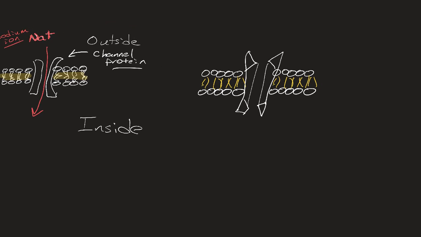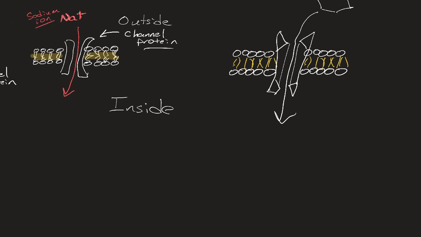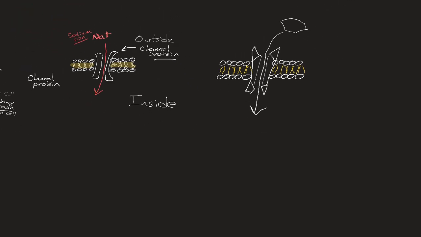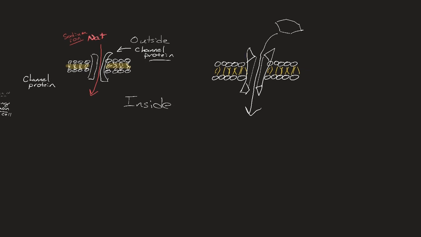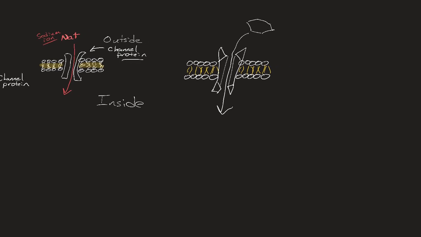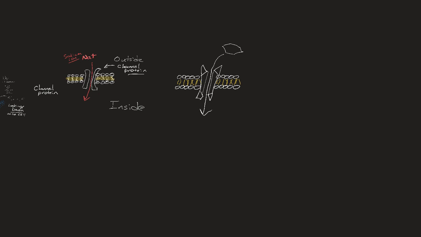In this case, only glucose can get through this channel. And so we make channels for a lot of different things. Is that clear? Channels are basically holes or connections between outside and inside. Doors or windows. It's selective.